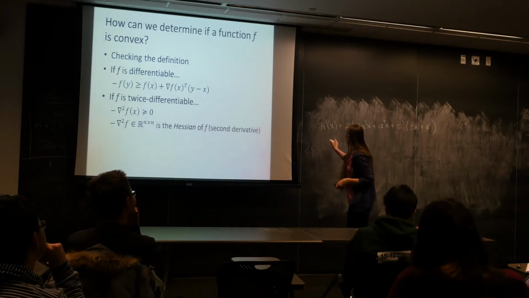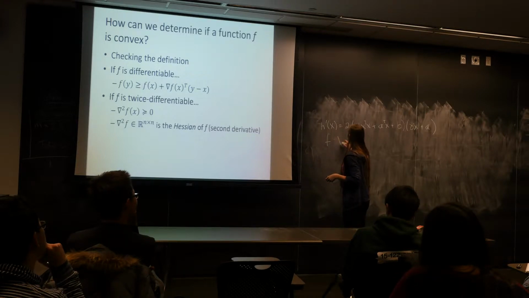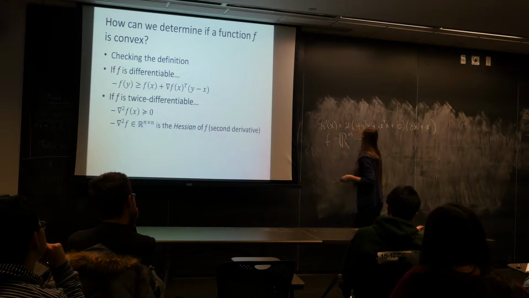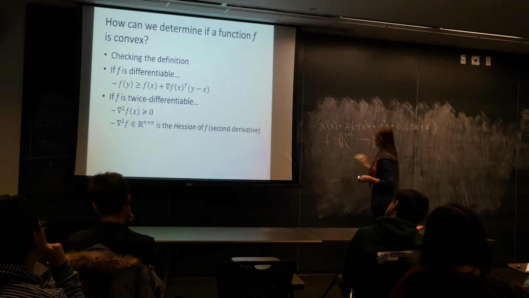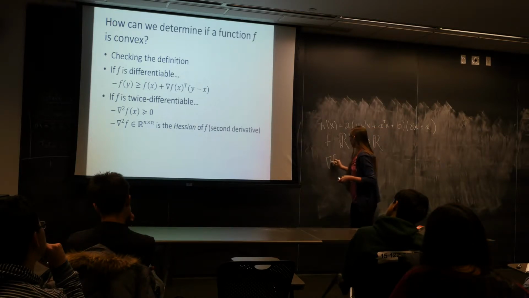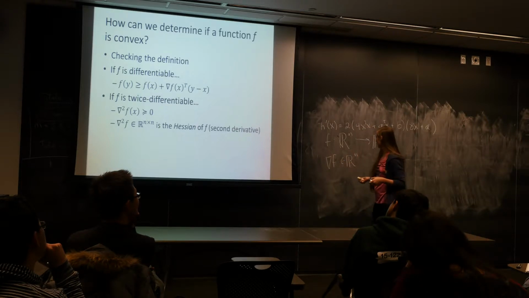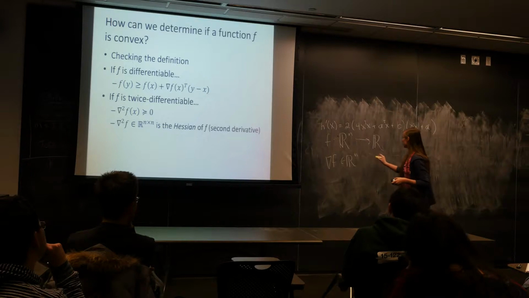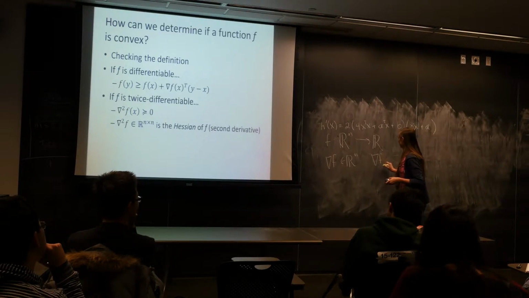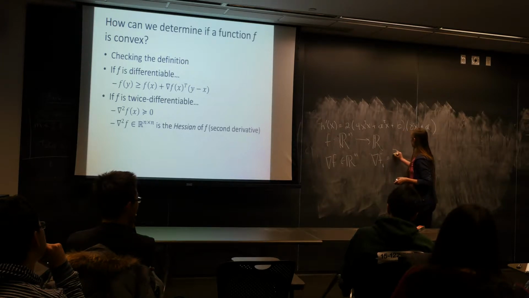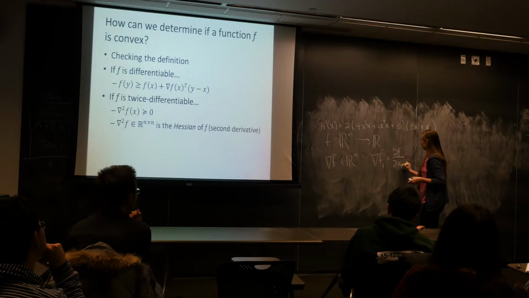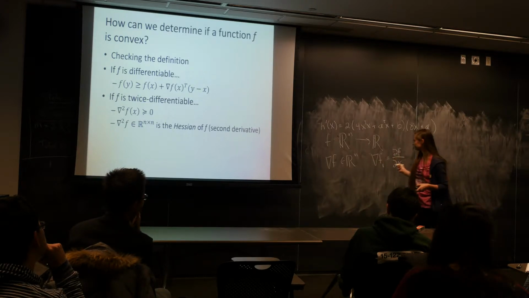So suppose you have a function that takes an n-dimensional vector to the reals. We already know that the gradient is going to be another n-dimensional vector, where the ith element of your gradient is the partial derivative of f with respect to the ith component of x.